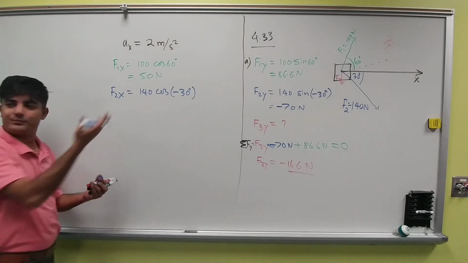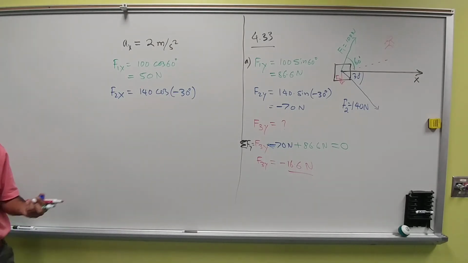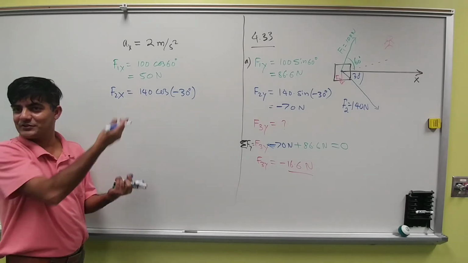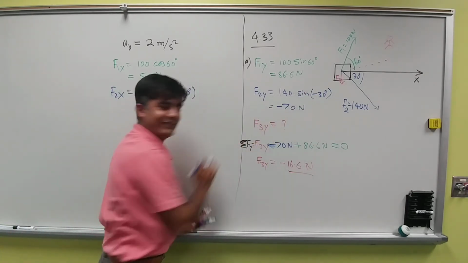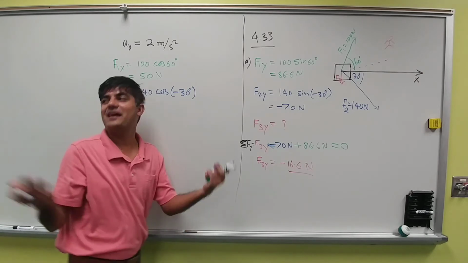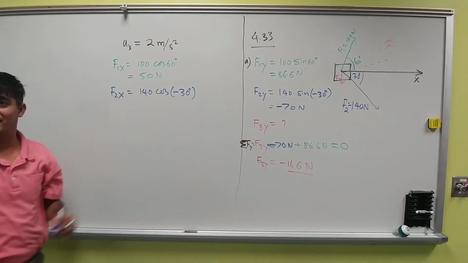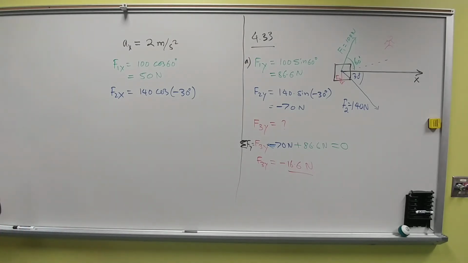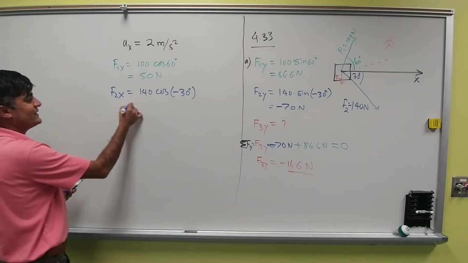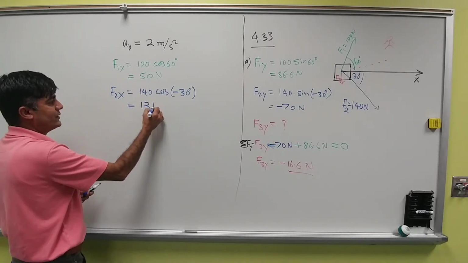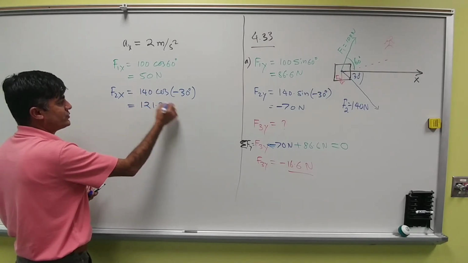When you use a calculator, it gives a positive value anyway. Technically the angle is negative, in the fourth quadrant, where cosine is positive and sine is negative. So what will be this value? 121.2 Newton.